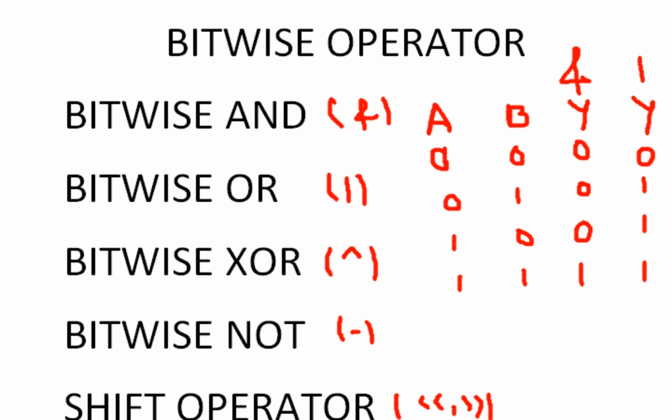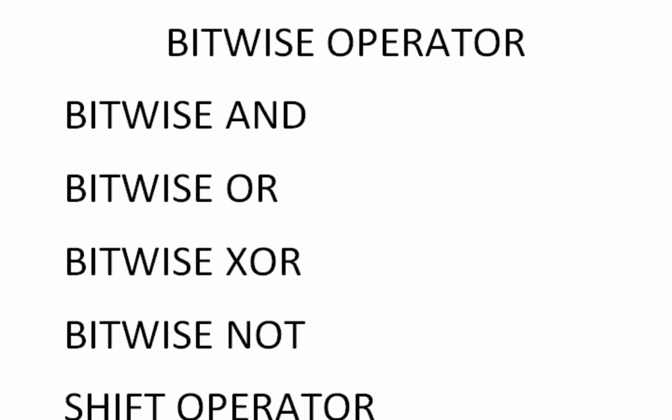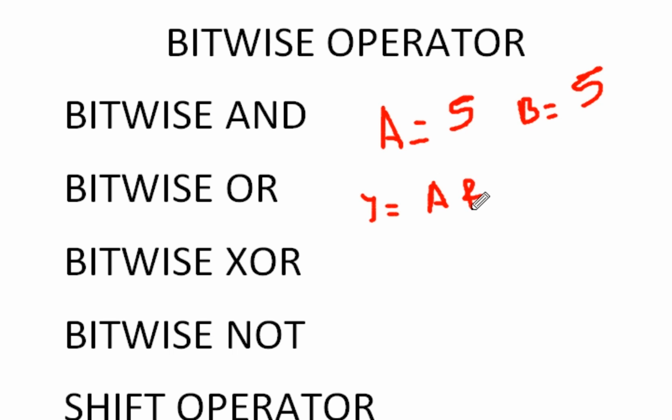Let us see this. Suppose we have numbers A and B. A is equal to 5 and B is also equal to 5. I want to calculate the value of y, and write here A AND B. How will this work?